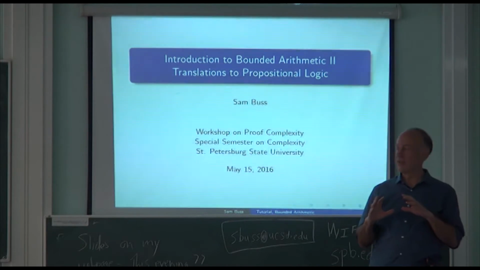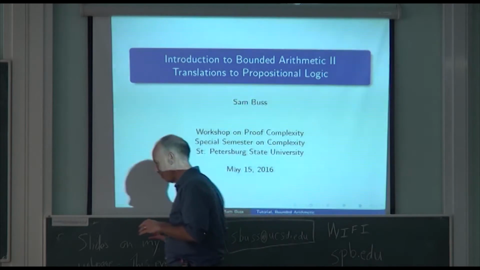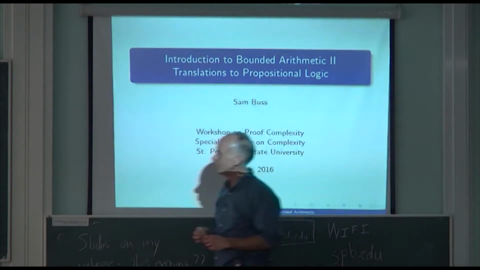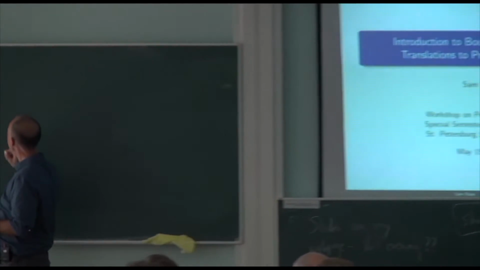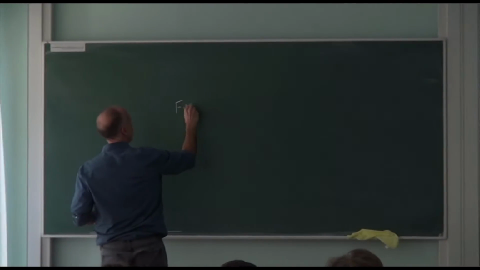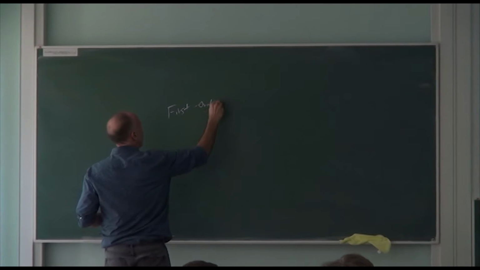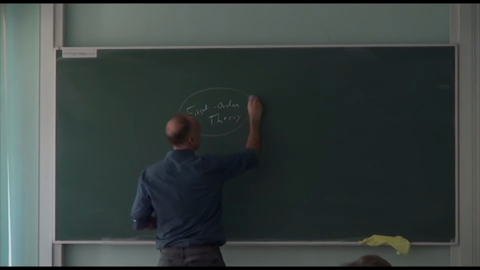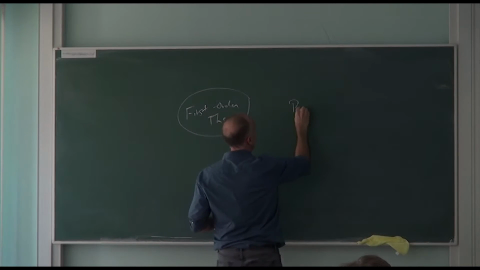associated propositional proof system. This sounds like a very nice picture, but we actually have 2 associated propositional proof systems. So we've got the first order theory, like for instance S12. We've got the provably total functions.